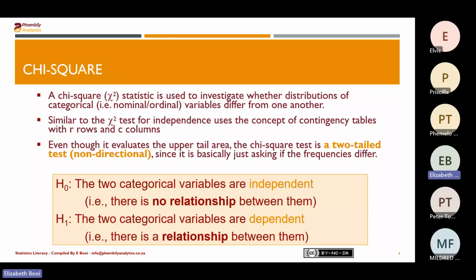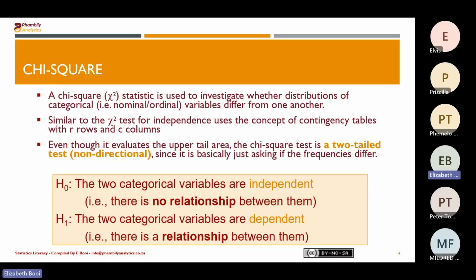How do we test this relationship? We do this by means of a chi-square test, which calculates a test statistic that helps us look at the relationship between the two variables, and we call that the chi-square test statistic.